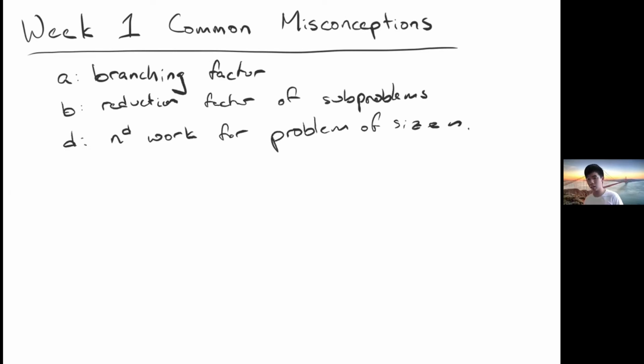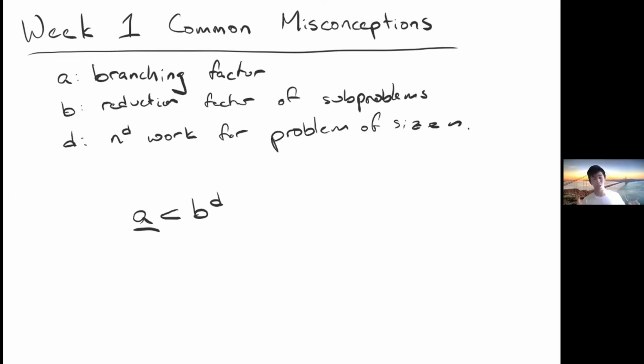And that would be if A is less than B to the D, right? What that means is that the number of times that we've branched into small subproblems is less than the reduction that we're doing in the problem size of the subproblems.